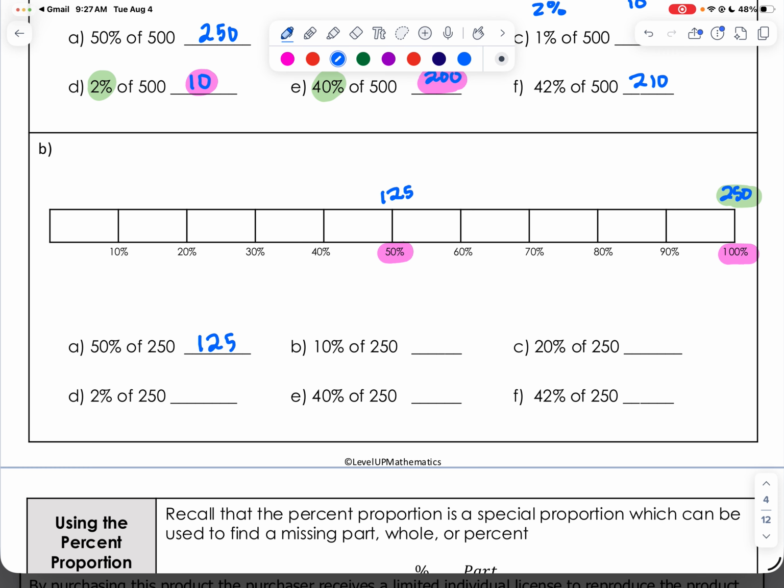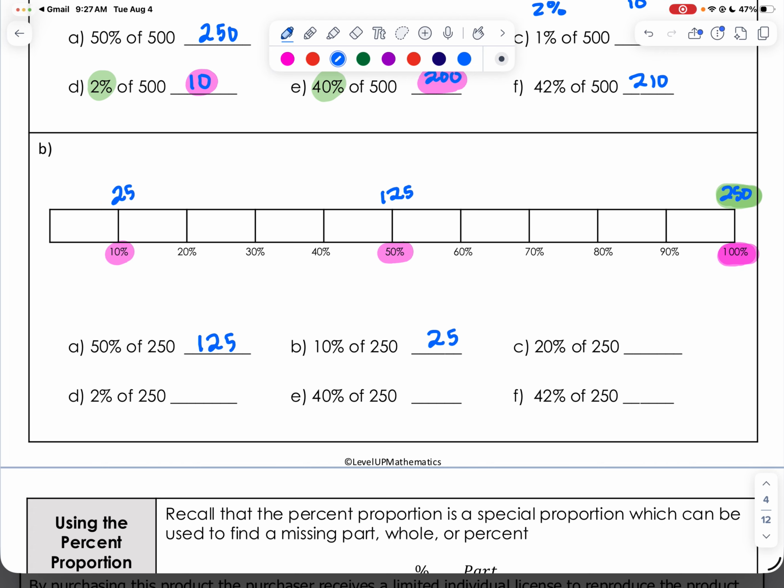Now, if I want 10%, I'm going from 100% to 10%. I must divide by 10. So that means I'm going to take the 250 and divide it by 10. And when I divide 250 by 10, I get 25. So 10% of 250 is 25.